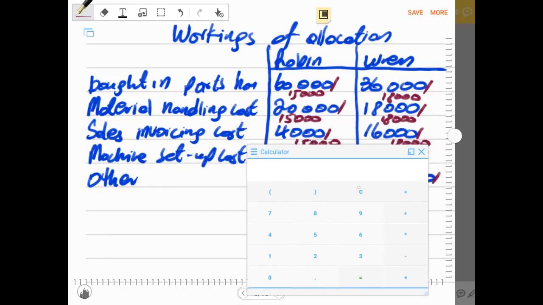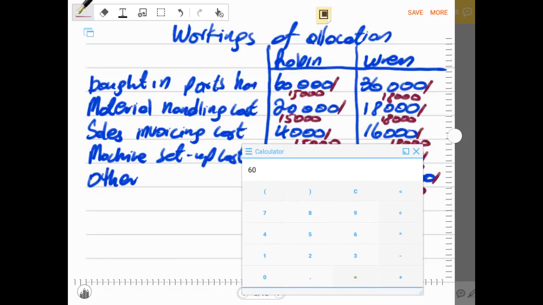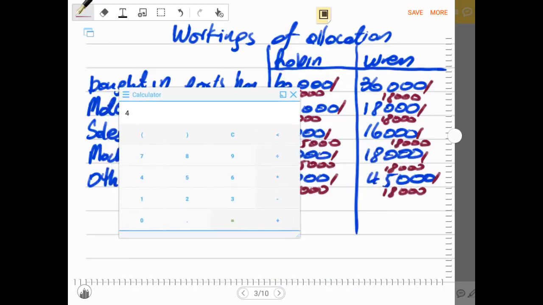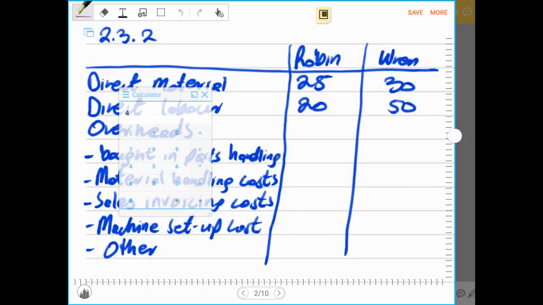So now we see 60,000 divided by 15,000, that is 4 rand, and the 4 rand will go straight to the first overhead, which is bought in parts handling cost, 4 rand.